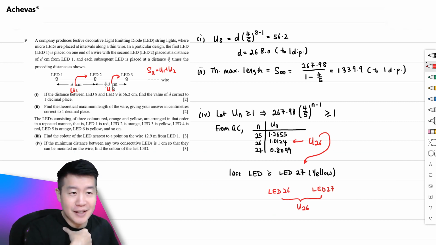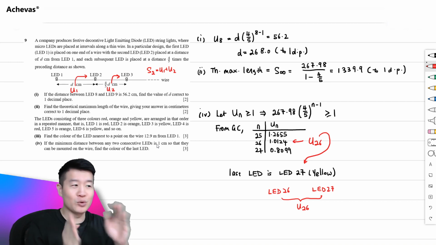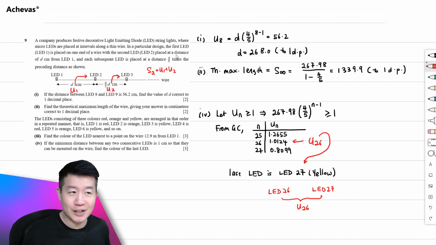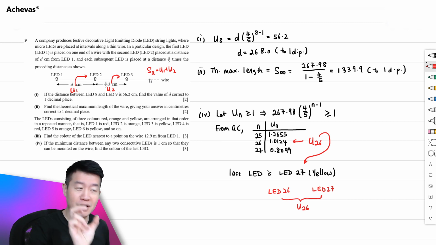Okay, because the question says that the distance that is between the two LED, it must be minimum 1. So all the distances U1, U2, U3 all must be minimum 1. And because we are looking at this as a GP with a common ratio of 4/5, I know the next one is going to be shorter, the next one is going to be shorter, the next one is going to be shorter. So we saw this in the table also.